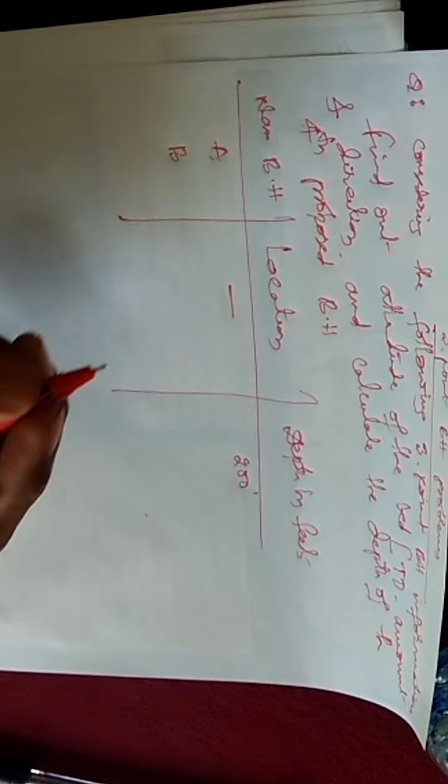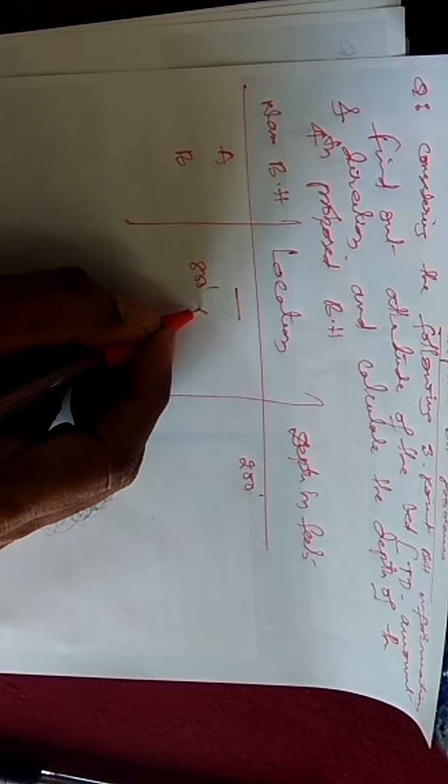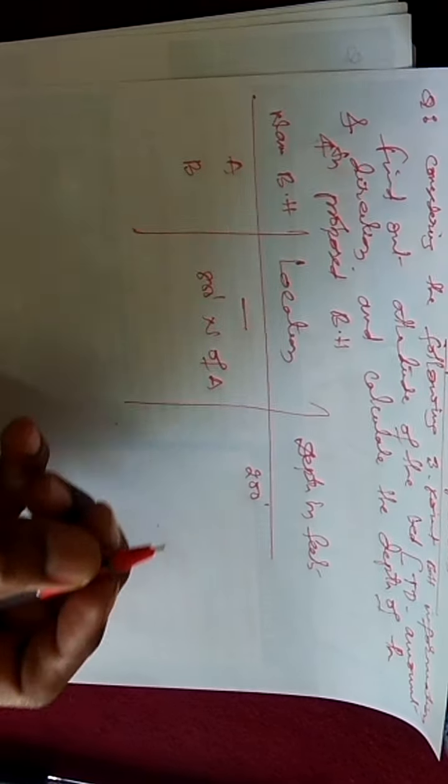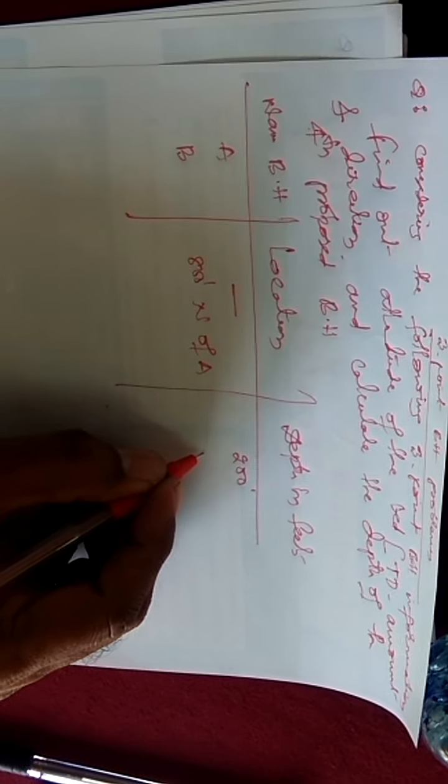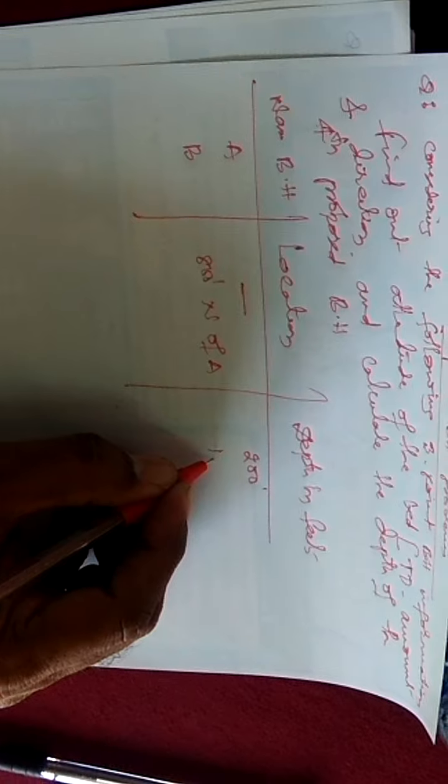And the second borehole B, which is 800 feet north of A. And somewhere you get the depth as 100 feet.